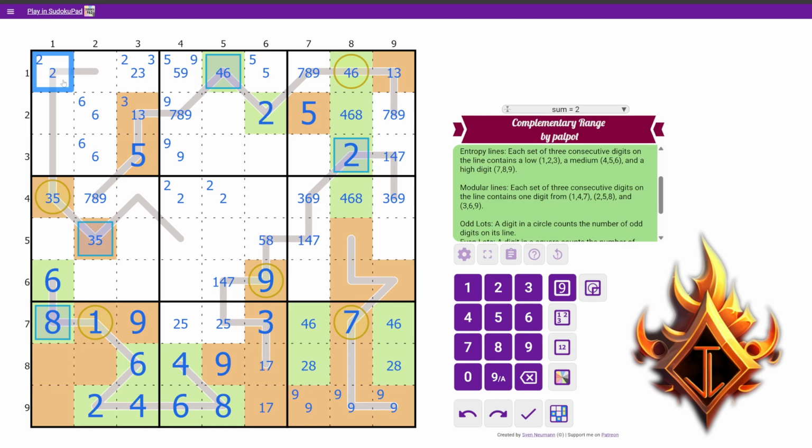This is getting close to not being able to be a 4, 5, 6 or a 1, 2, 3. It's not quite there, but it's almost there. 3 is only here. 1 can still go over here though. 1 is not tied. But this one is just 1 or 3.